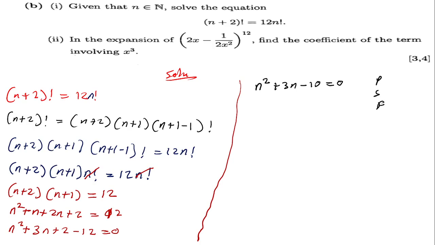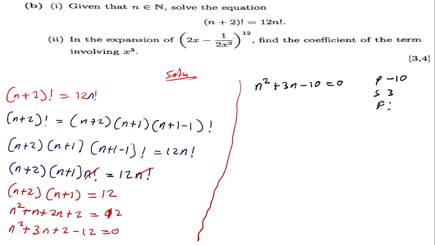The coefficient of n becomes our sum, and for the factors we look for two numbers that, when multiplied, give negative 10 and, when added, give 3.